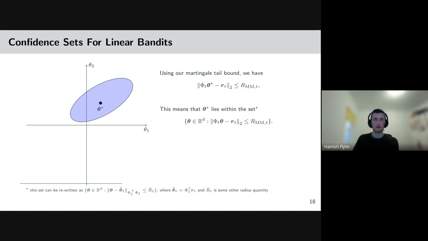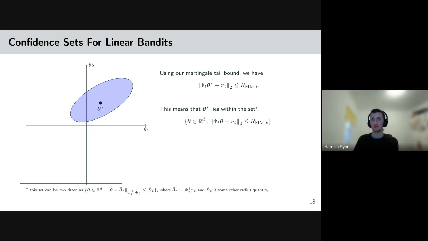And this blue area typically shrinks around theta star as we observe more data, but especially for small sample sizes, it isn't necessarily bounded in every direction. This happens when this phi transpose times phi matrix has some zero eigenvalues.